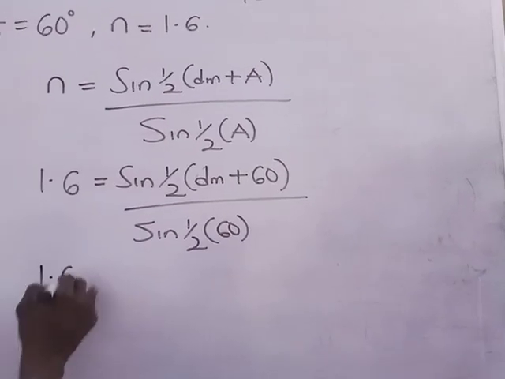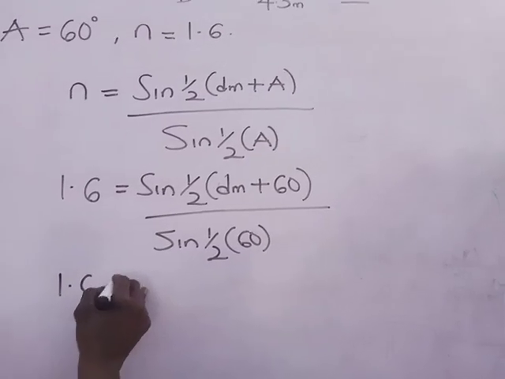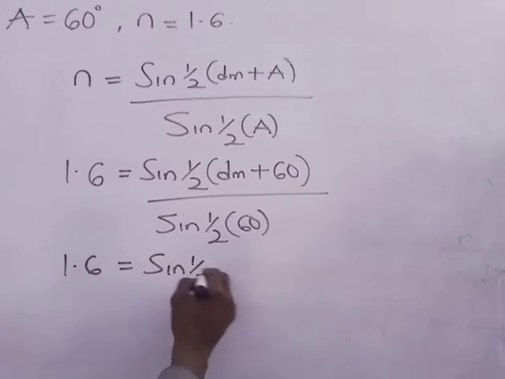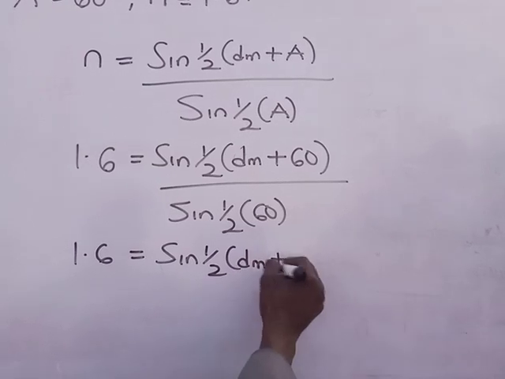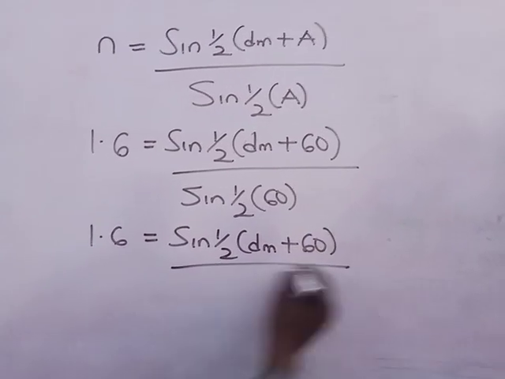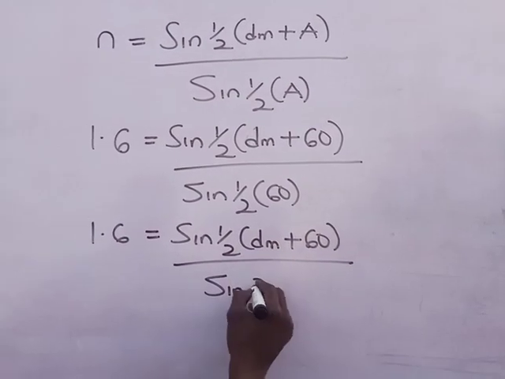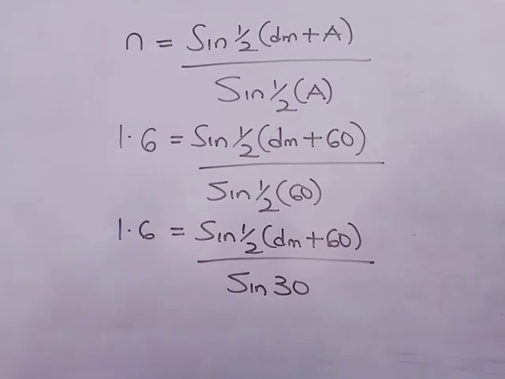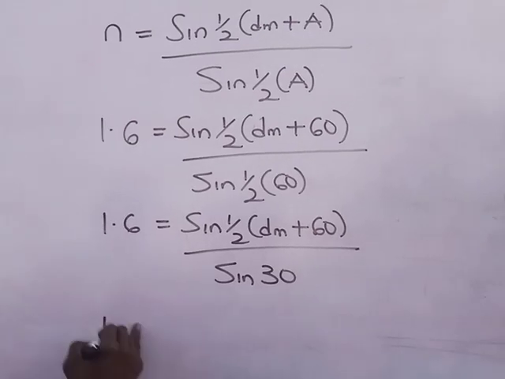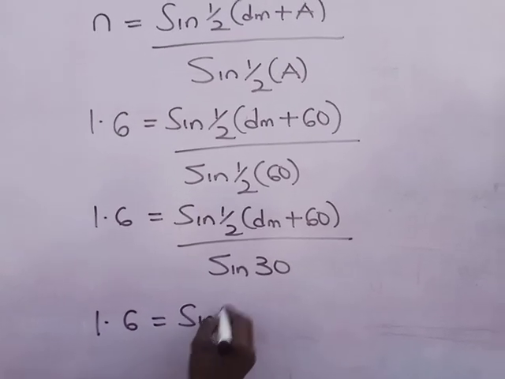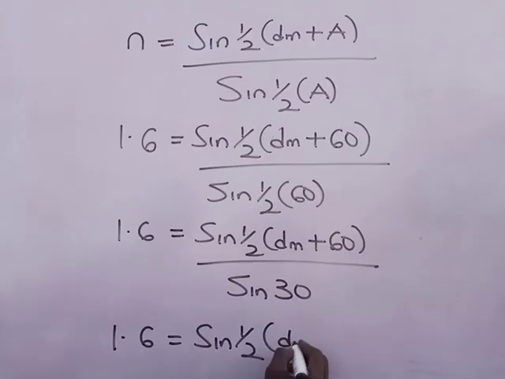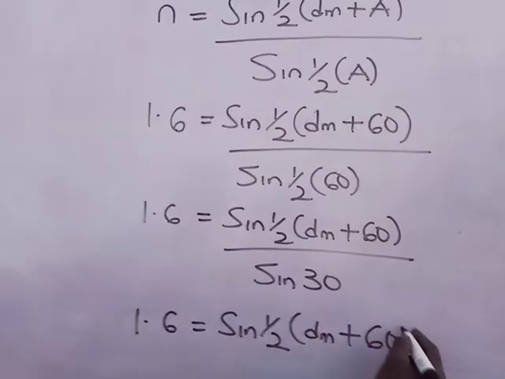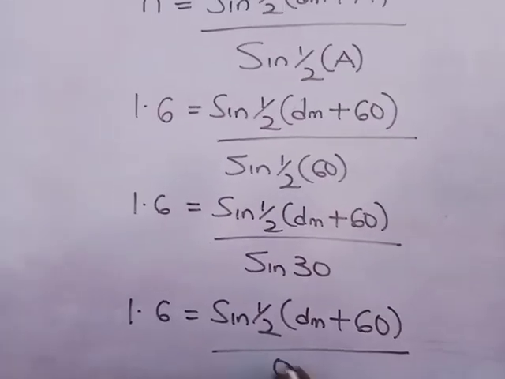So 1.6 will be sine 1 over 2 bracket DM plus 60 all over this sine, half of this will be sine 30, which is 0.5. 1.6 will be sine 1 over 2 bracket DM plus 60 all over 0.5.